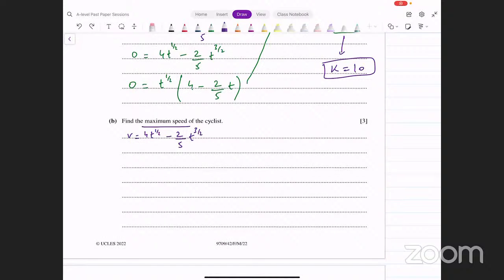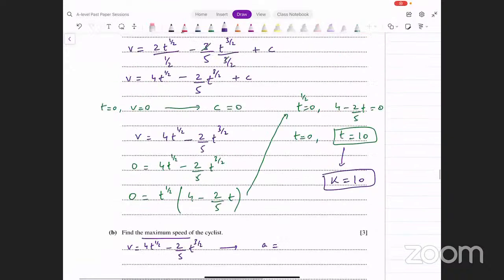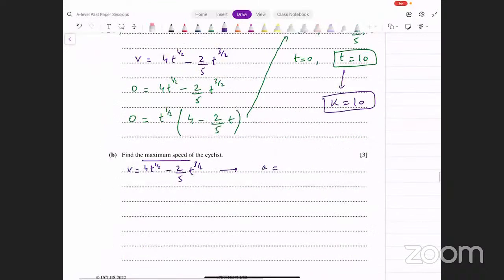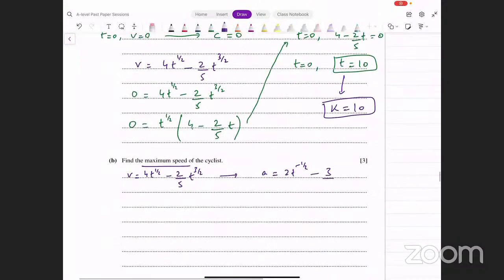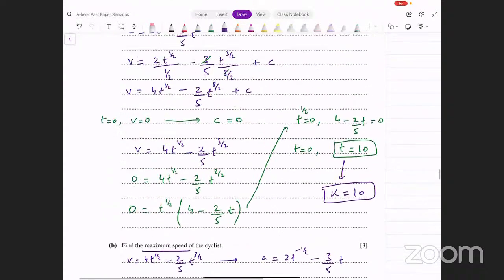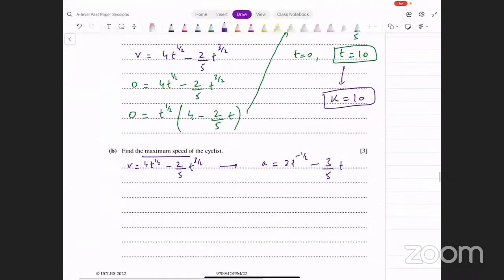ठीक है? तो हमें पता है कि acceleration क्या है? Acceleration is 2t raised to power minus 1/2 minus 3/5 into t raised to power 1/2. This is the derivative of the velocity. We put this equal to 0.